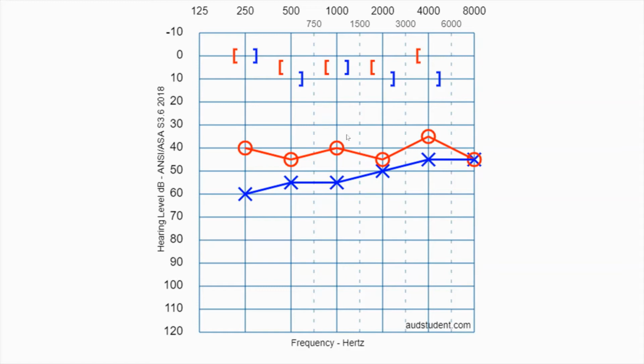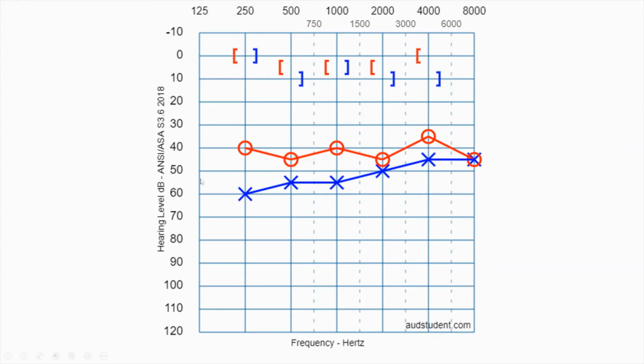Looking at our left ear, let's see, we've got 60, 55, 55, 50, 45, and 45. That borders the moderate to moderately severe area, so I would definitely use my pure tone average to help me decide which area I want to claim this as.